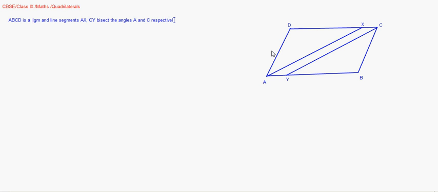We have to show that AX is parallel to CY.